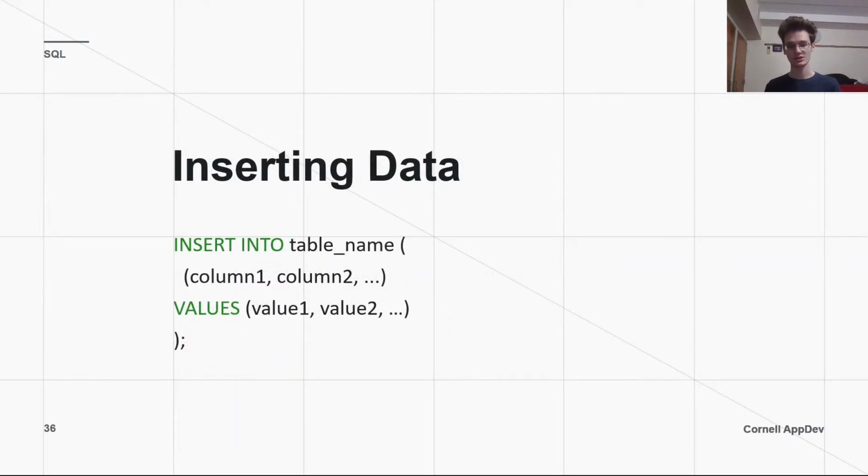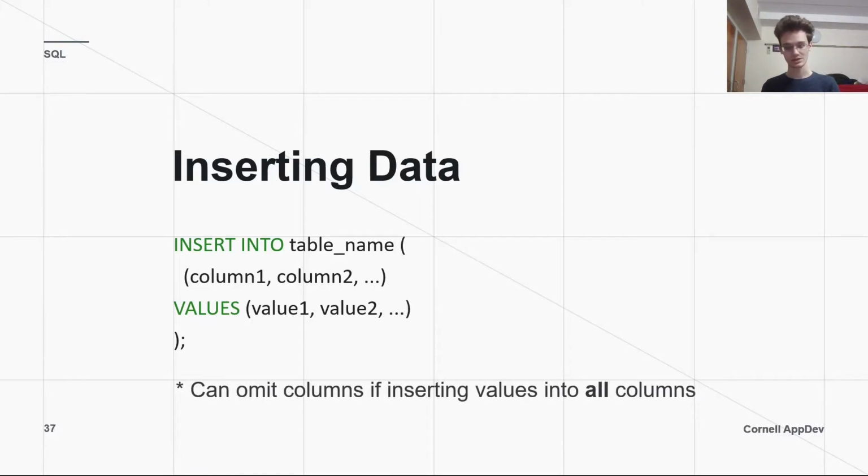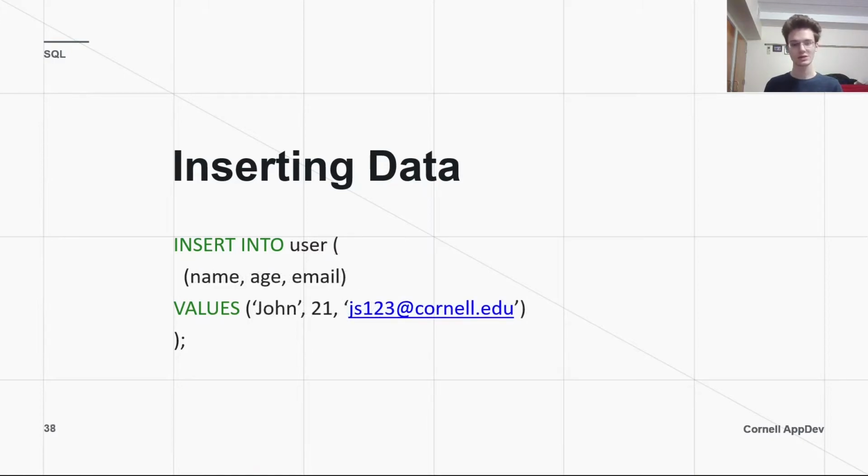You can also insert data by saying insert into, giving the name of a table, and then giving a list of column names followed by a list of values. So what that kind of looks like. Oh, you also don't have to include the columns if you're inserting values into all of the columns. So what that looks like is, if we're creating a new user, we'll simply say we want to insert into user.